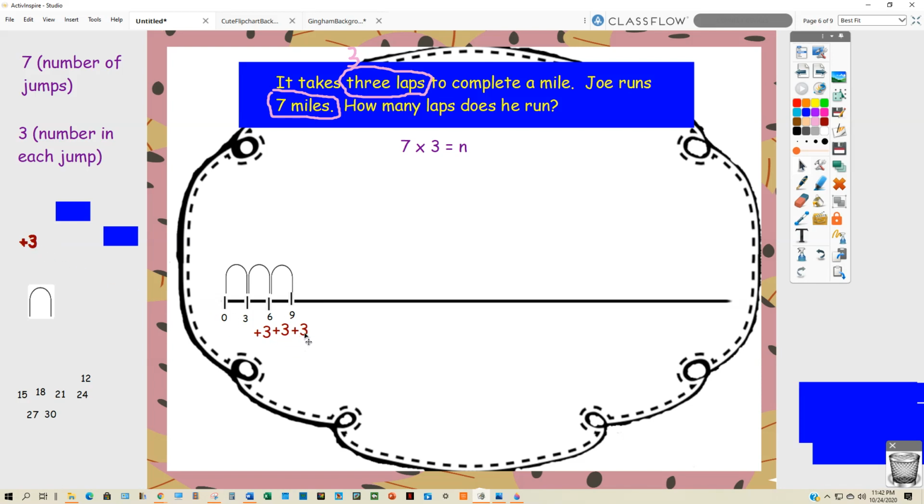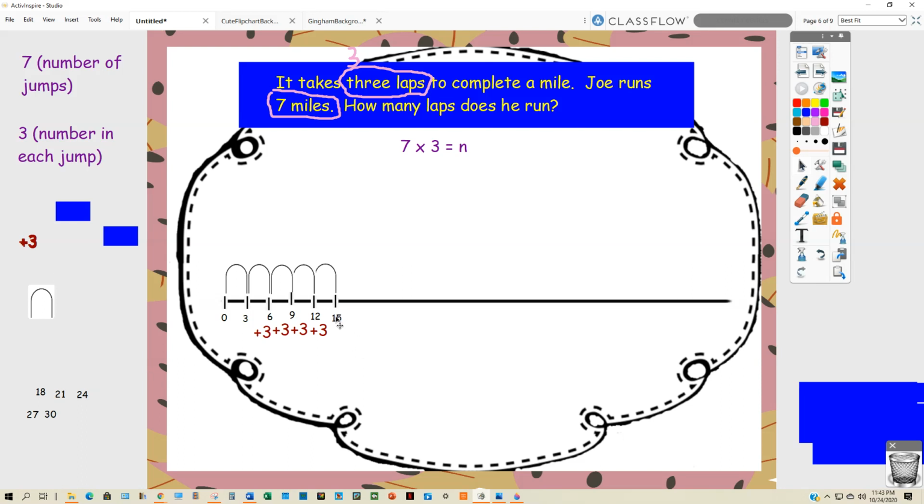Now I have to do 3 more. 9 plus 3 is 12. I'm going to do 3 more. 12 plus 3 is 15.